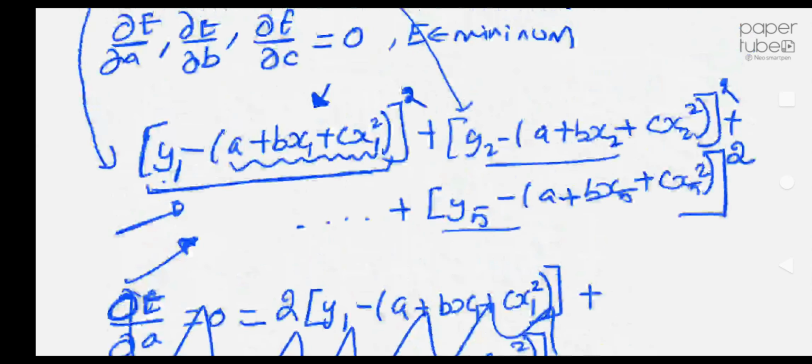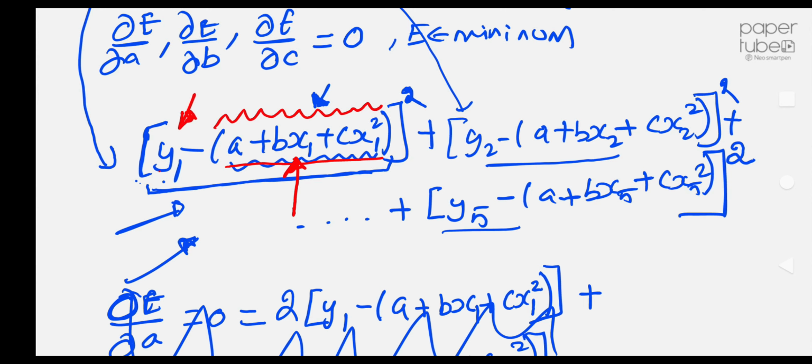What we are going to do is, you have this function, just follow the red line. You have y1, and then this is our predicted function. Now we have to differentiate with respect to b. This y1 minus the whole function is nothing but the error, so we have to differentiate the error with respect to the parameter b.